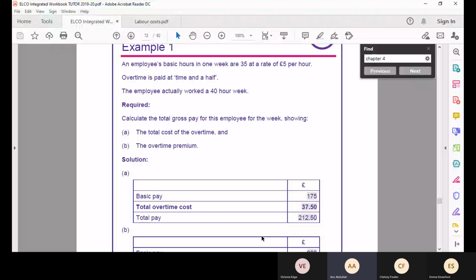Then what is left? It means this 5 hours as overtime. So the total overtime cost is.